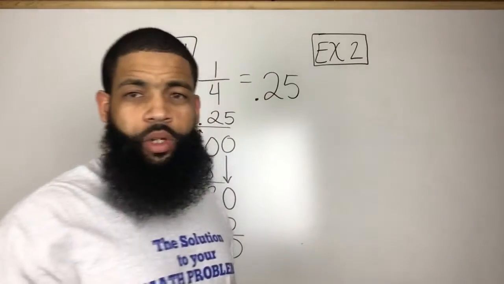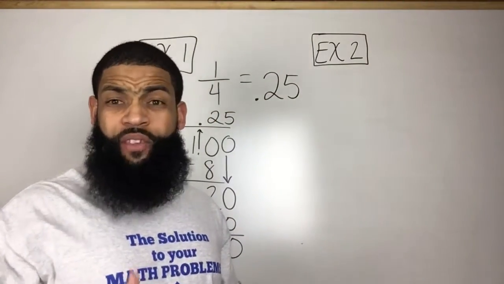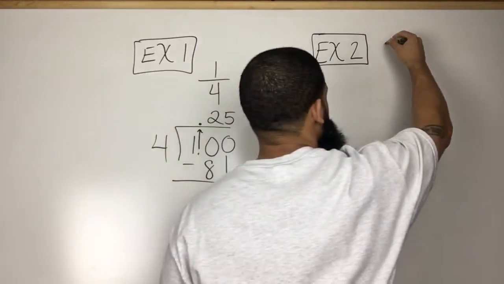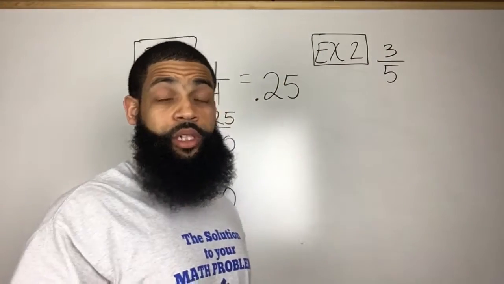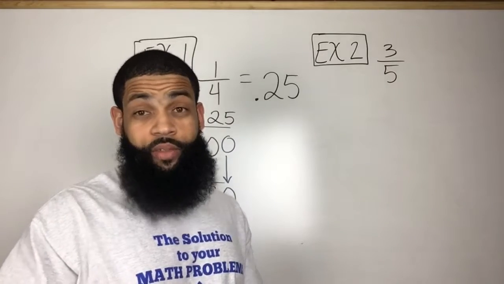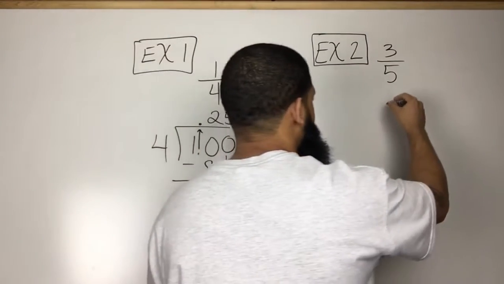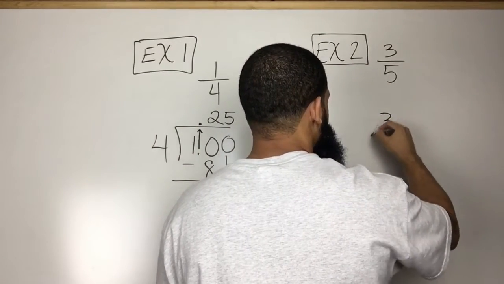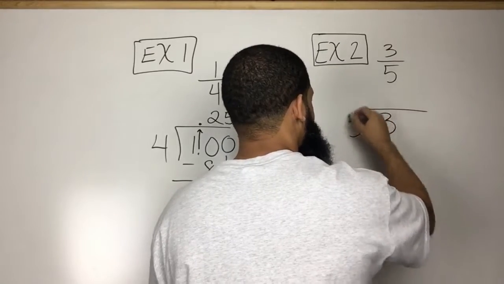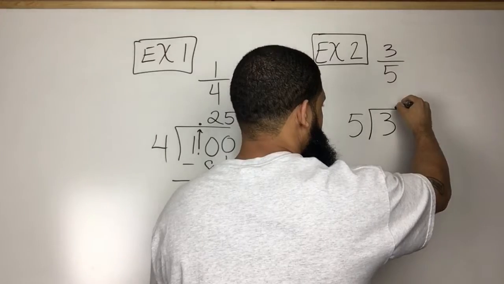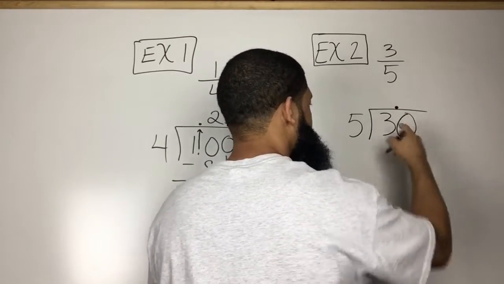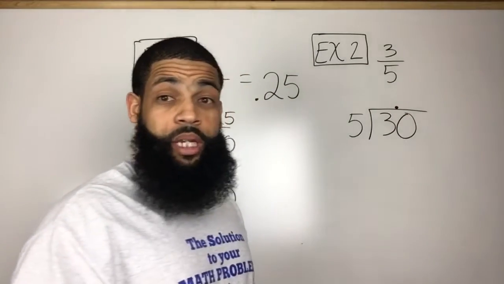All right? So what if I had 3/5? Okay? So 3/5. I'm going to simply, once again, take the numerator divided by the denominator. So I have 3 divided by 5. Now, once again, I need to put a decimal up here because I'm going to add to this 3 and make it 30.